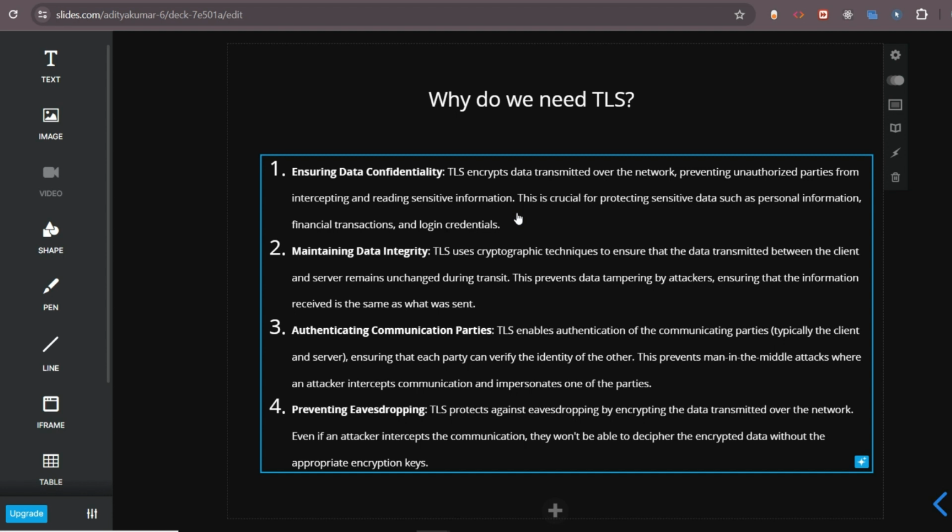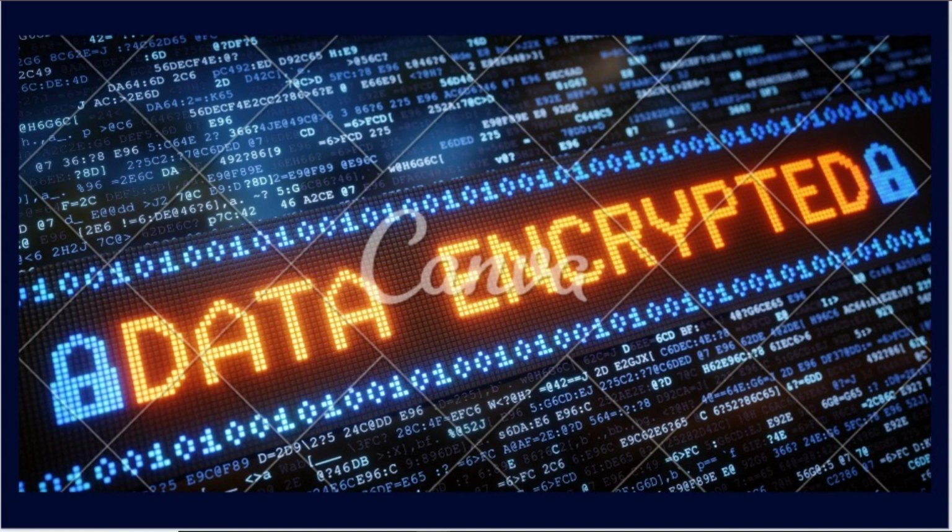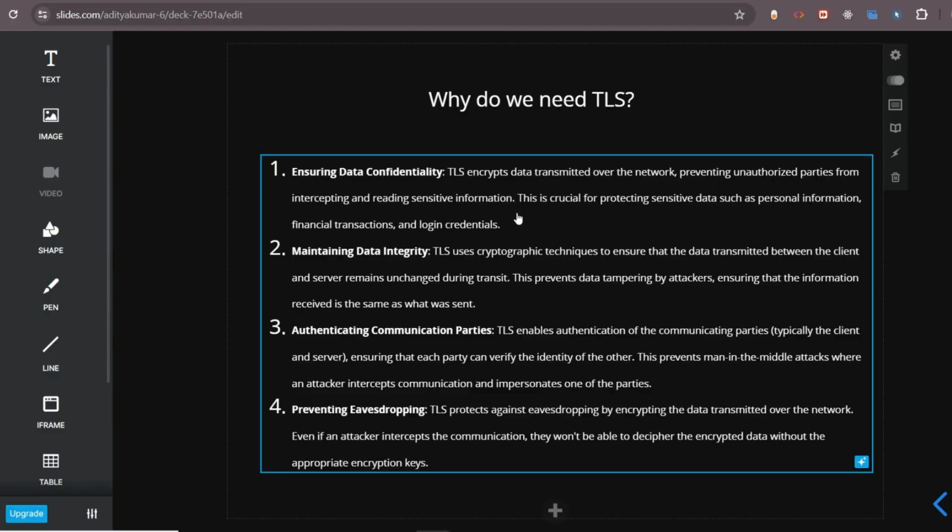So whenever we are sending data over the network, TLS will encrypt that data so that no other person can intercept and read it. If a third person is able to intercept that message, he won't be able to read it, because that message is encrypted and only the authorized person will be able to decrypt it.